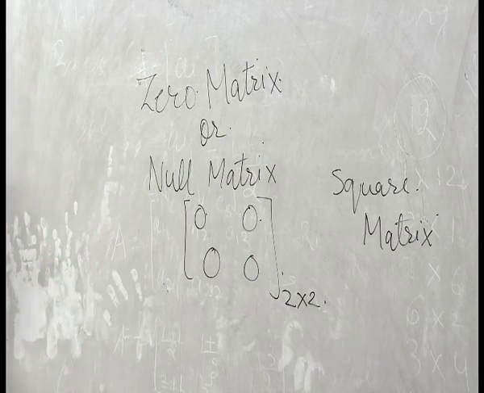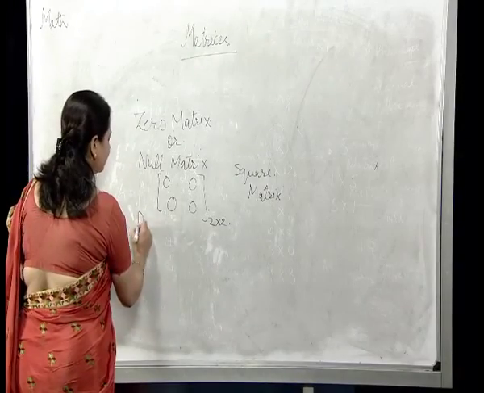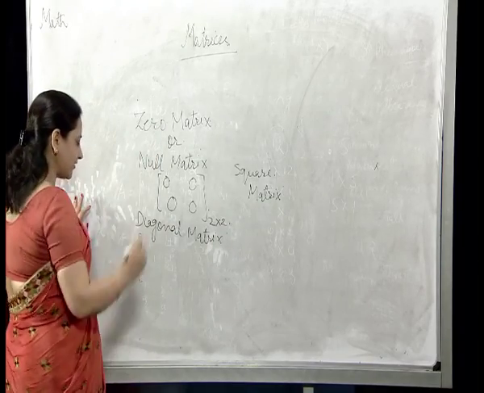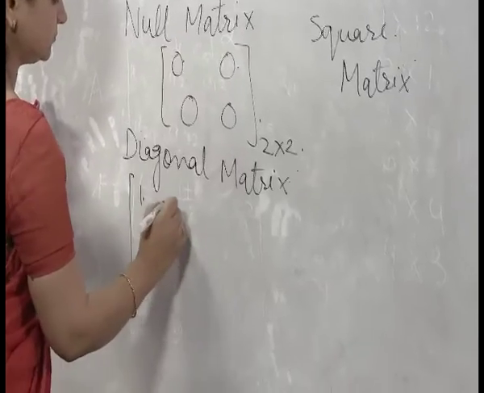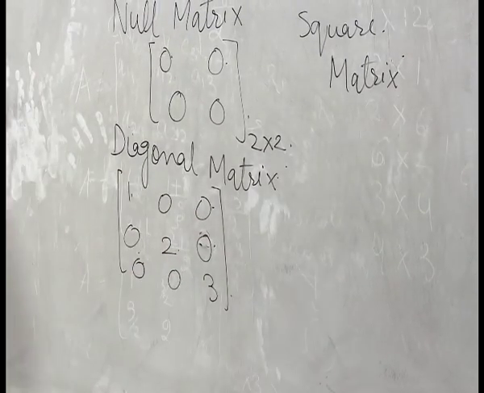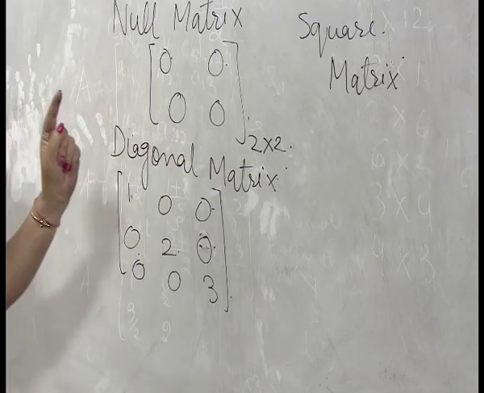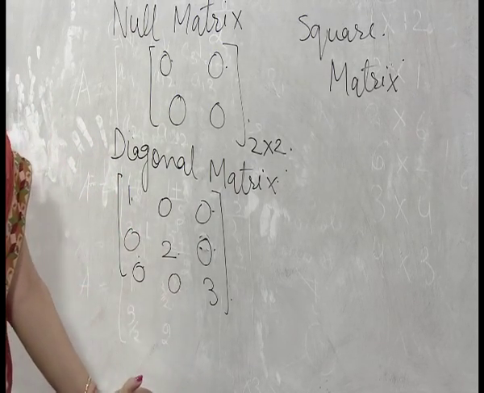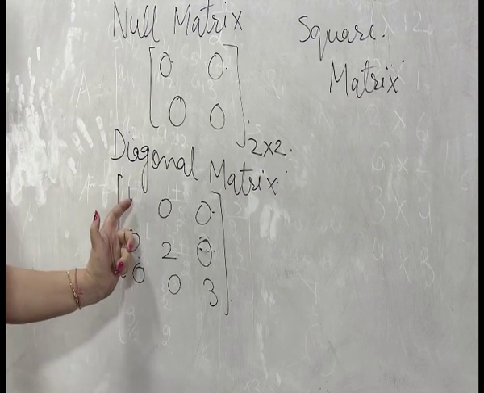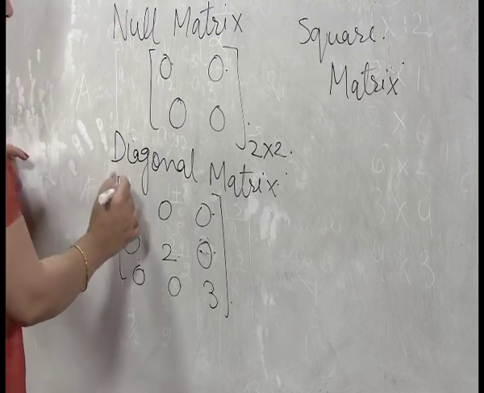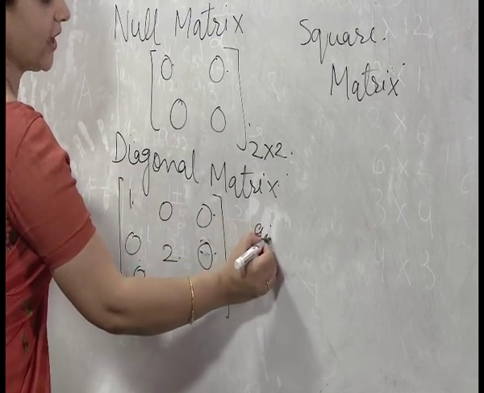Now, after zero matrix, you have the diagonal matrix. I will write a matrix. Diagonal matrix. First thing is, what is the diagonal of a matrix? The diagonal of a matrix consists of elements of the form Aii.